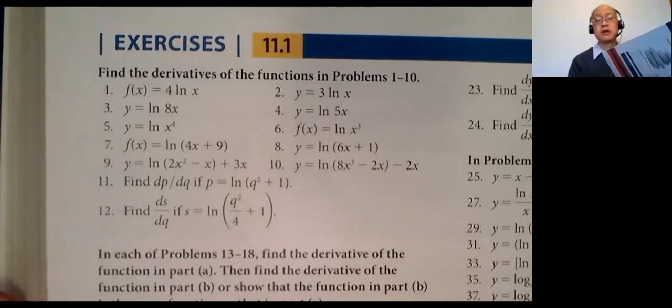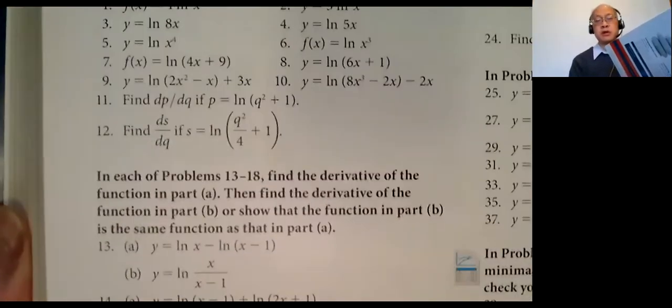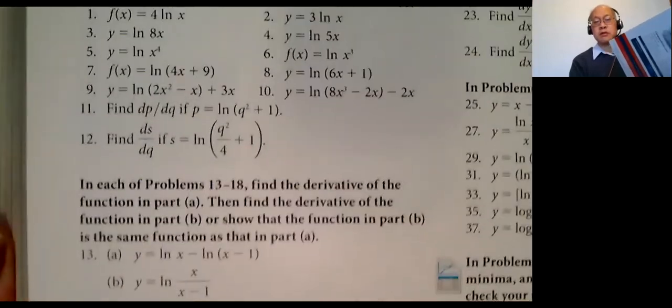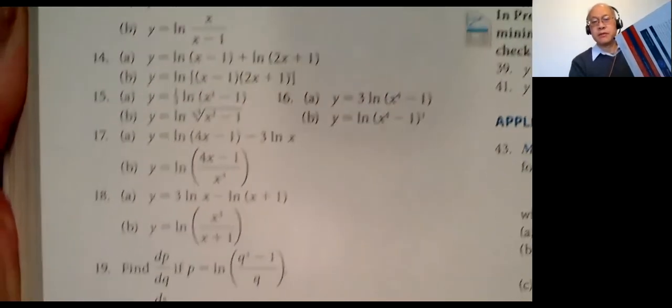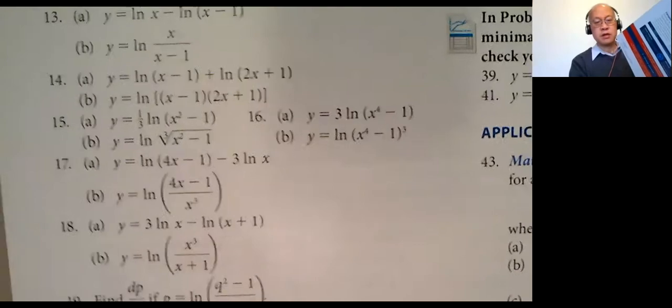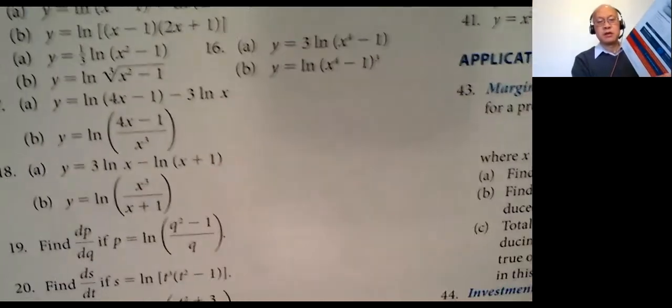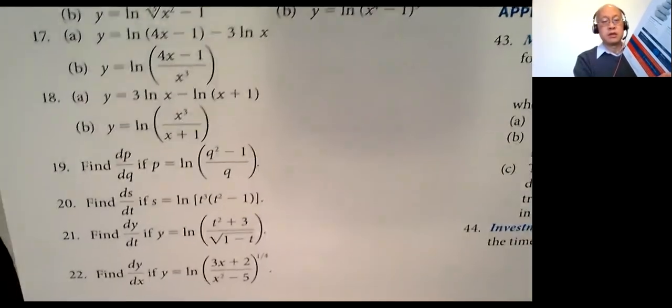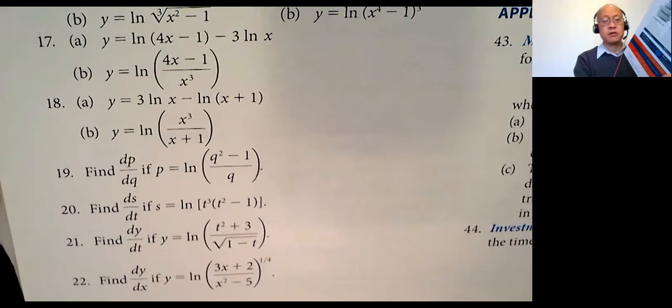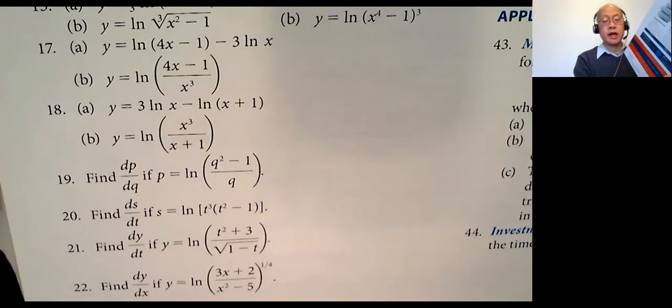So again, my 11.1, page 700. There's all that. 19. That goes up to 22. Sorry if it looks crooked. I have to angle it because I can't see the arm of my document camera.